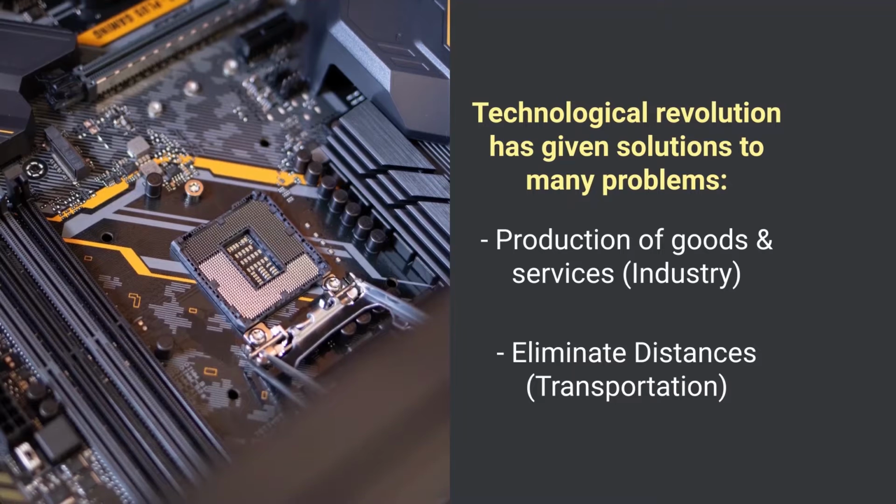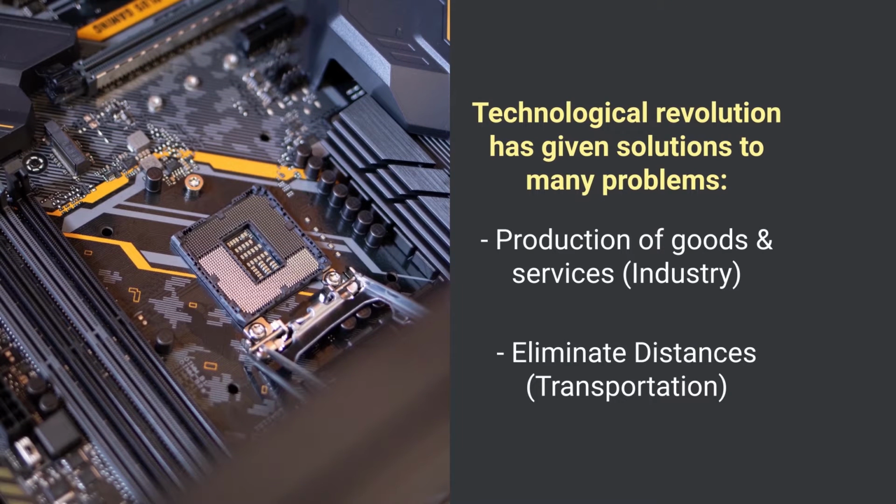It has also helped in eliminating distances by way of advancements in transportation. Technology has influenced socio-economic situation of the society in a huge way. It has helped in creating a global community. We all know we are all connected with either internet or our mobiles every day, every minute, every second. Technology has also helped in controlling diseases and promoting health and well-being.